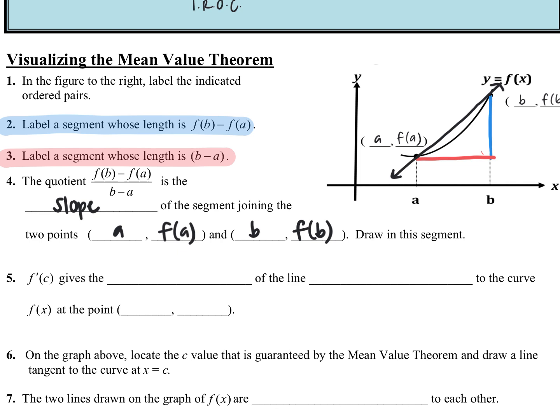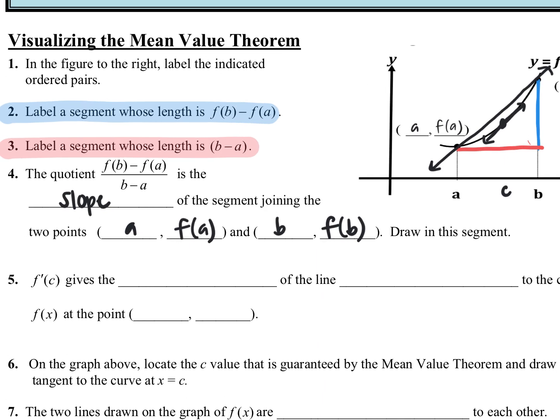Like there? Yeah, about right here, right? So at this point, right about here, we'll label that my c value. And this line is tangent, which makes it parallel. That's not exactly perfect, but you get the idea.